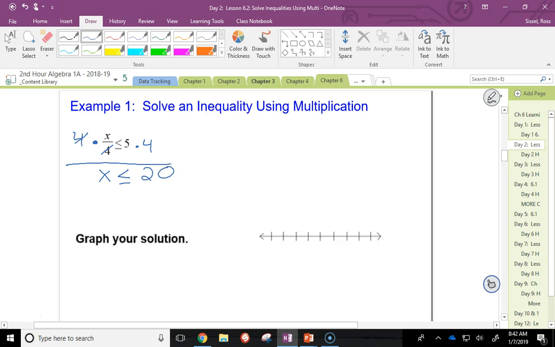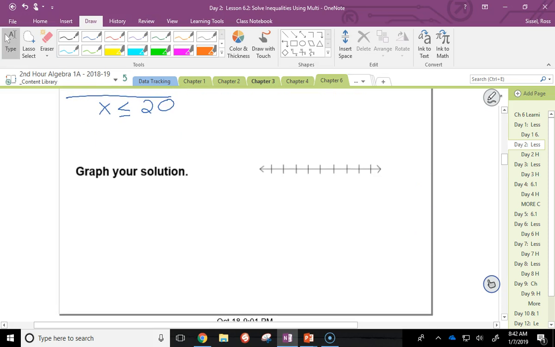The last step that we have to do is go ahead and graph our inequality, our solution here. And so I'm going to say x is less than or equal to 20. I'm going to make this number be 20. And so then I'll make this 22, 24, 26. I can make this 18.